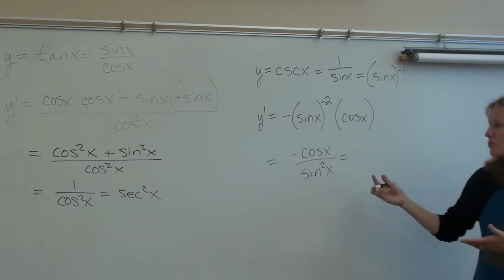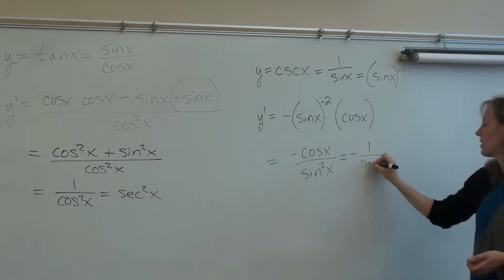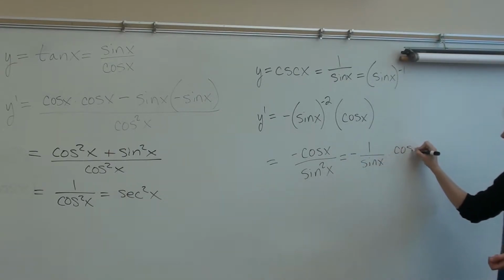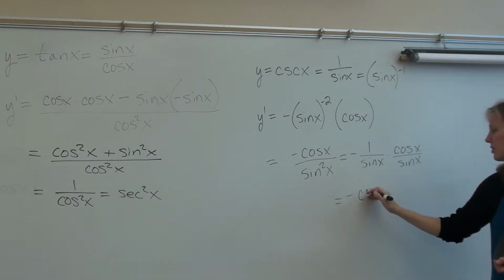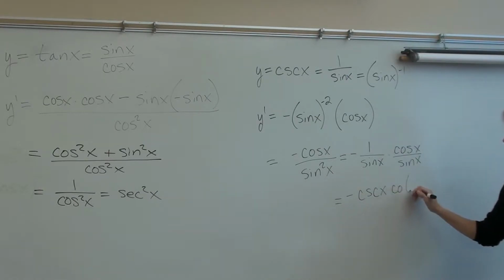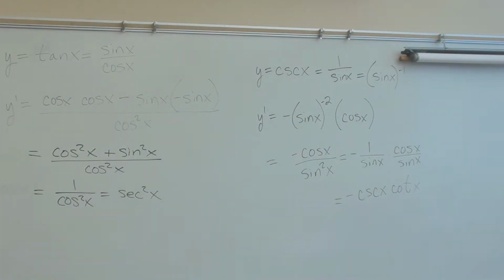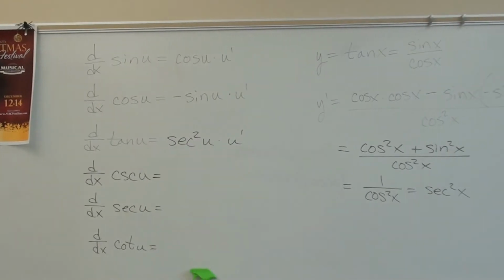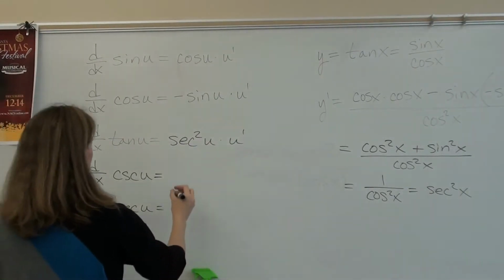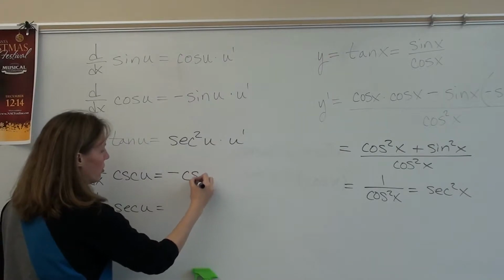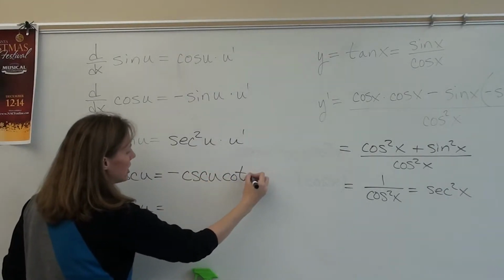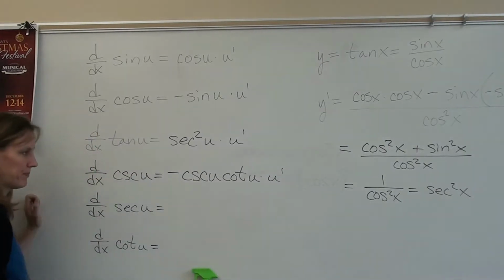Now, there's a couple ways to write this. I break this up to write it the way that I was taught, which is to think of it as 1 over sine times cosine over sine, which equals negative cosecant cotangent. So, the derivative of cosecant u is negative cosecant u cotangent u times u prime.